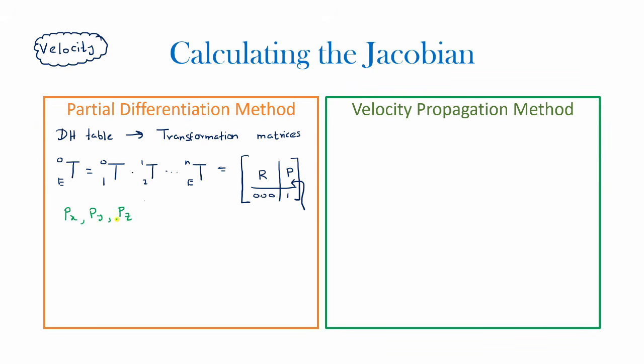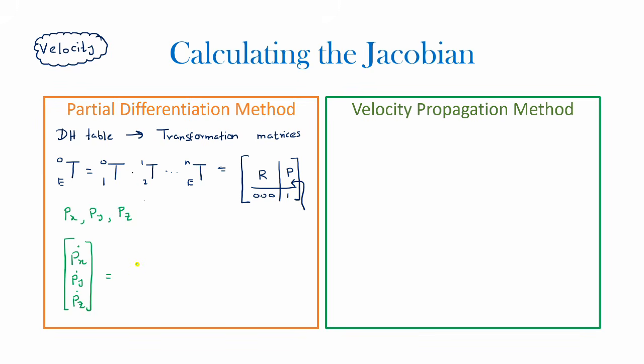So this would be the position of your end effector relative to your base frame. And if you were to differentiate each of these three and combine it into a matrix, you would have px dot, py dot, and pz dot.